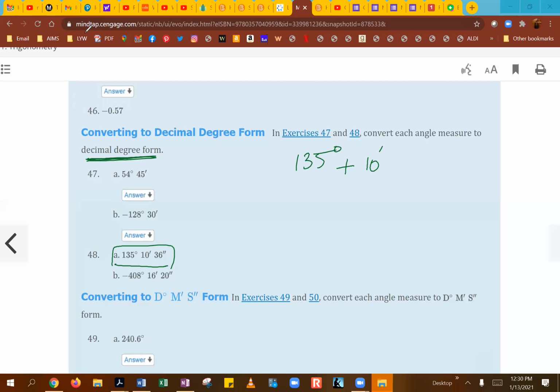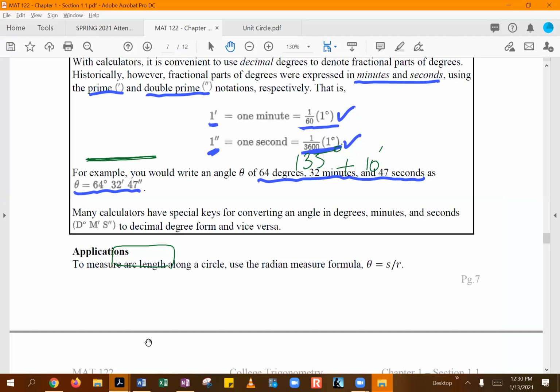And since we are converting from minutes to degrees, you would have to use this conversion of 1/60 being multiplied into 1 degree. Or basically, I actually prefer to rewrite these as 1 degree over 60, and for the seconds, 1 degree over 3600.